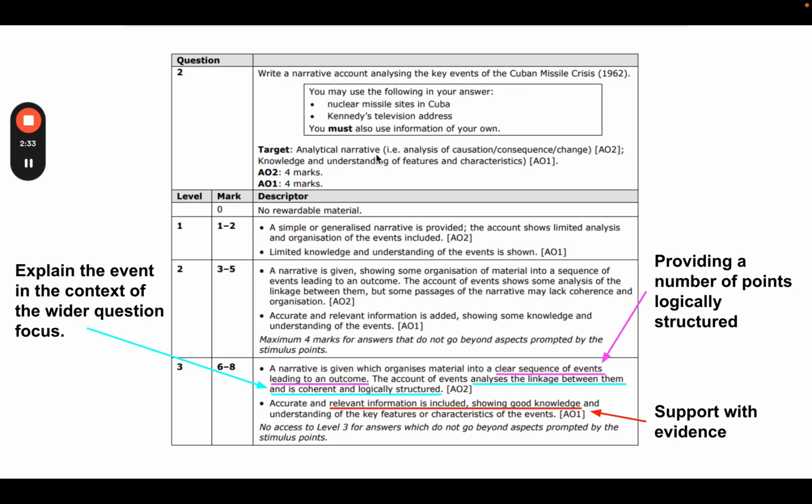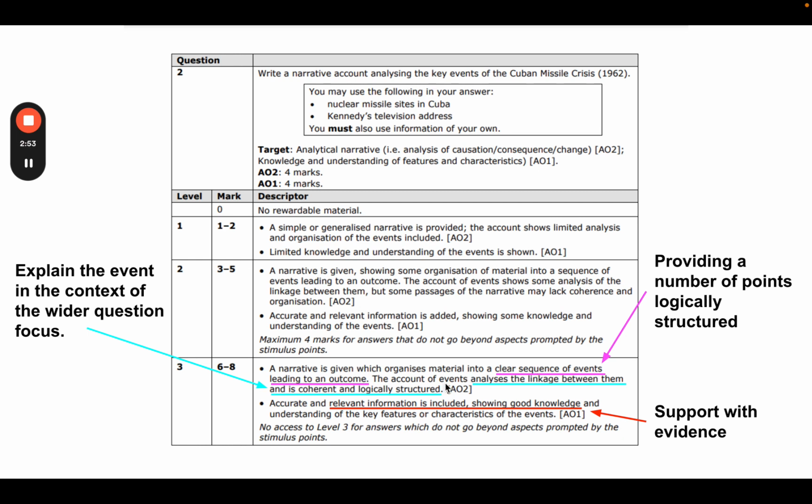Now, when we look at the mark scheme and we break it down, there are 3 key parts. You need to have a clear sequence of events leading to an outcome. Simply put, you need to provide a number of points which are logically structured, linking into that chronological order.